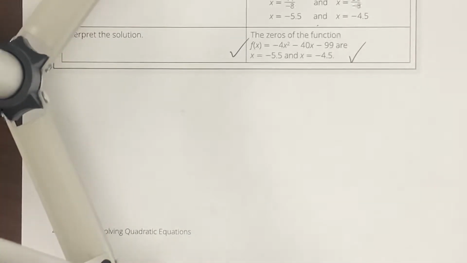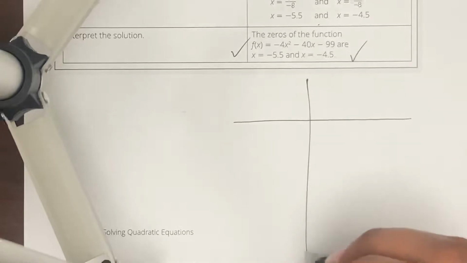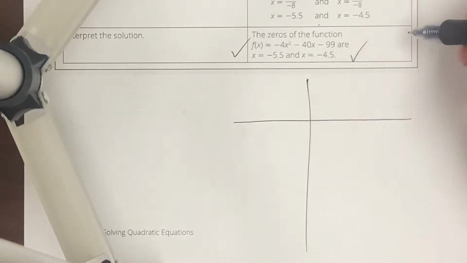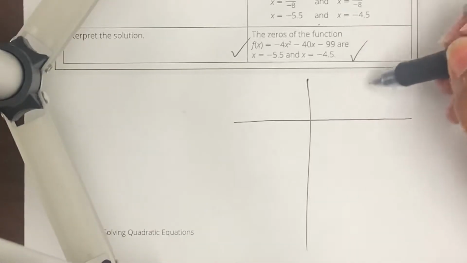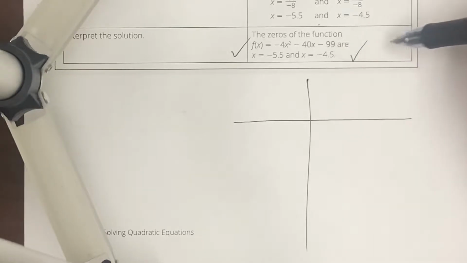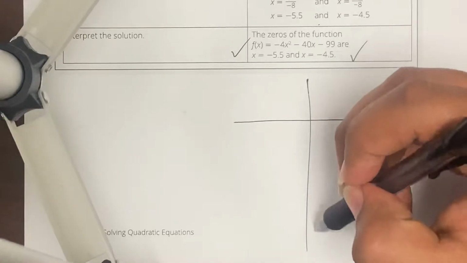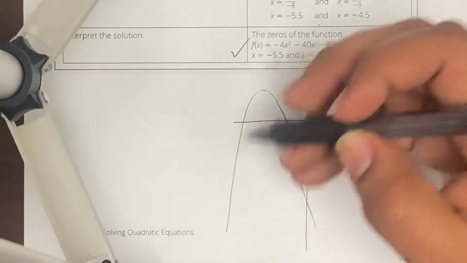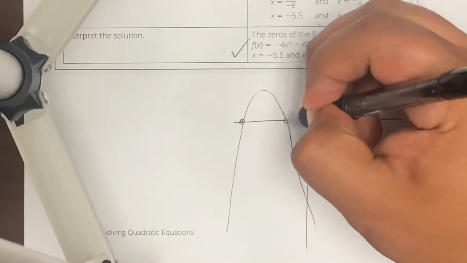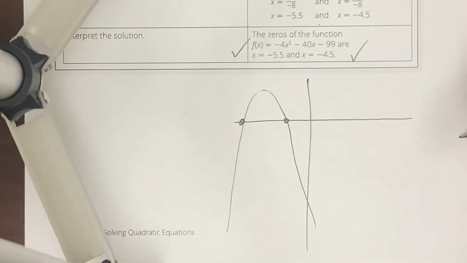Don't forget that this is basically what we always do when we get our graph. You can probably graph this. It'll probably look something like, let me think real fast. I don't want it to be wrong. Oh, it's probably on this side. So it probably looks something like this. And those are my x-intercepts, okay?